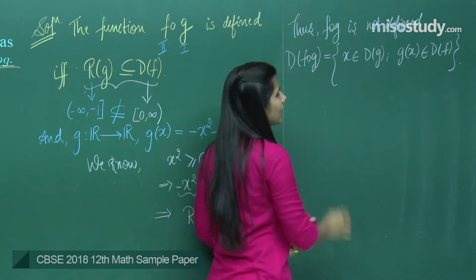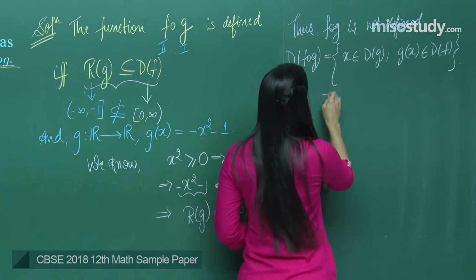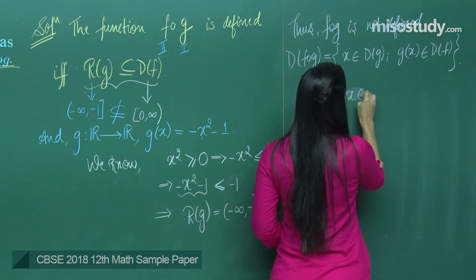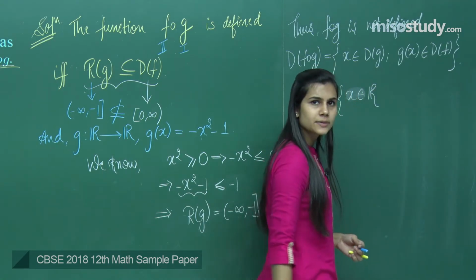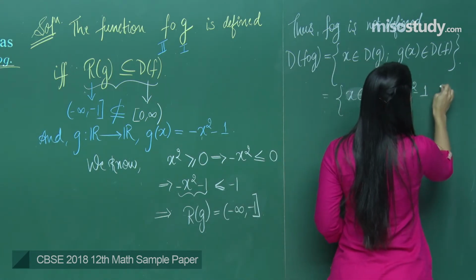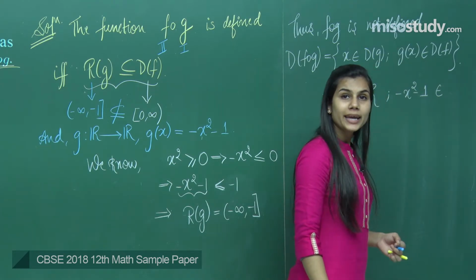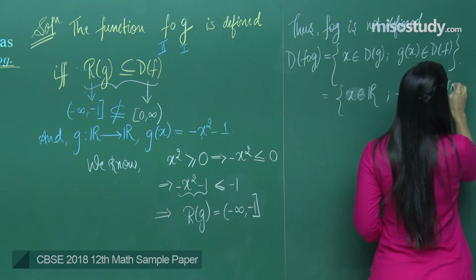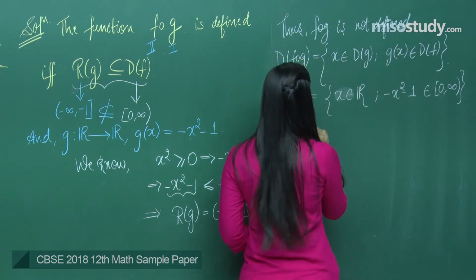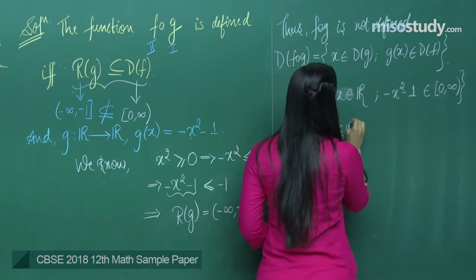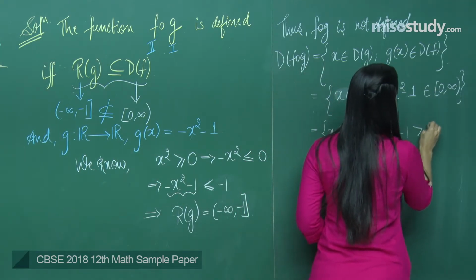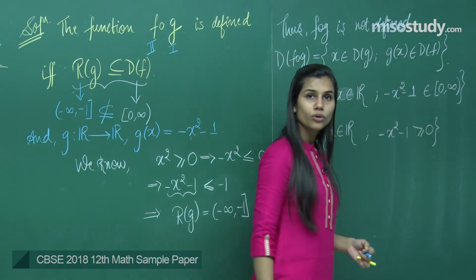All those x's become the domain of FOG. So this is all those x belonging to the domain of g, the collection of all reals, such that g of x, which is minus x square minus 1, belongs to the domain of f, which is 0 to infinity. This means all those x coming from the collection of all reals such that minus x square minus 1 is greater than or equal to 0.